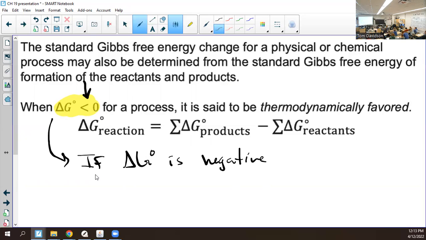But if delta G is negative for a process, it's thermodynamically favored, which is a long way of saying it's spontaneous or it happens without us putting in outside energy. Okay. We will find delta G two different ways. This is the less confusing way, in my opinion, and then we'll learn the second one.